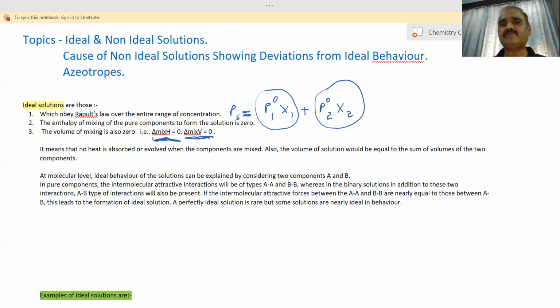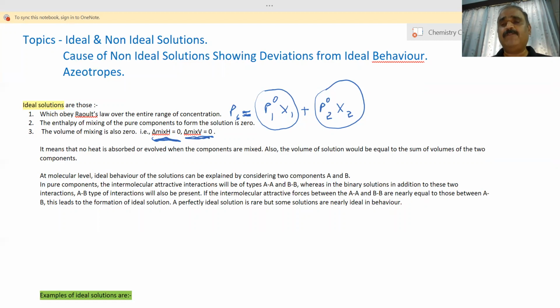That means when we mix the components, say for example, if we are mixing 25 milliliter of component 1 and 25 milliliter of component 2, and on mixing, if the volume is 50, no problem, 25 plus 25, it is 50. That means there is no change in volume on mixing the components. Then that is an ideal solution.